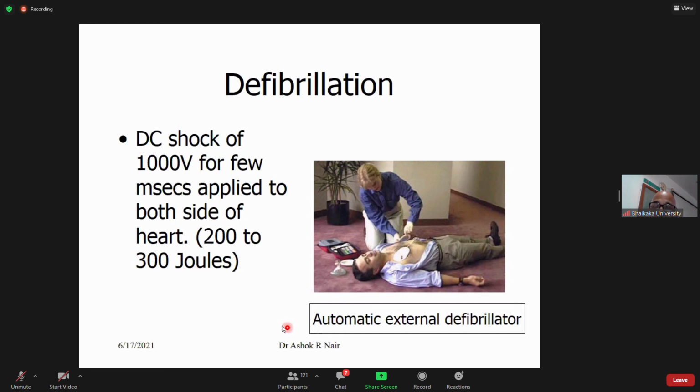Then you are giving the SA node a chance to take over the heart. Even the normal regions and the abnormal regions, they have all gone into depolarization. Now the SA node has an opportunity to take over the heart and generate impulses and conduct them normally.